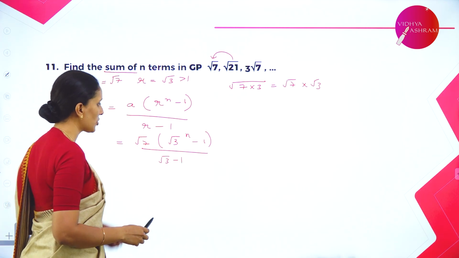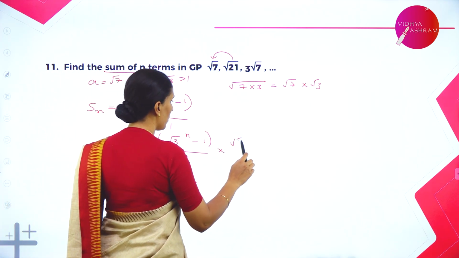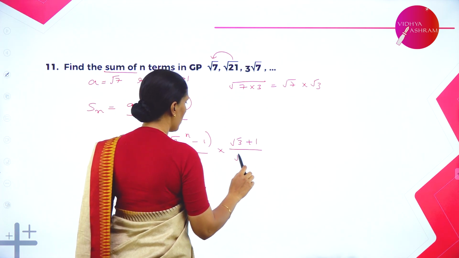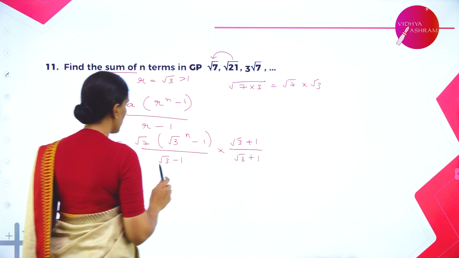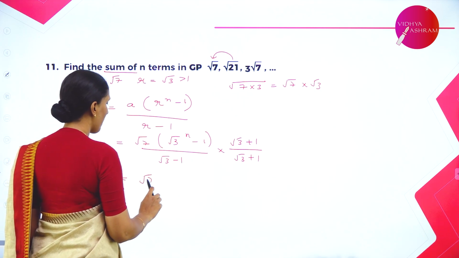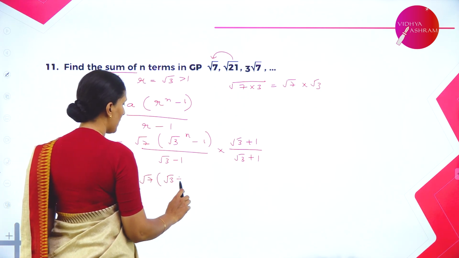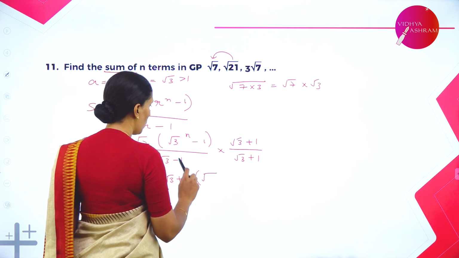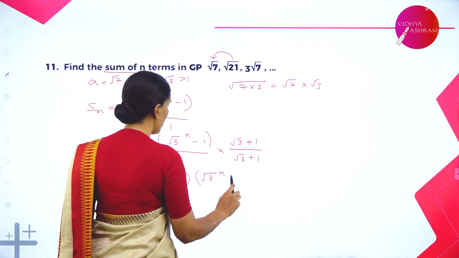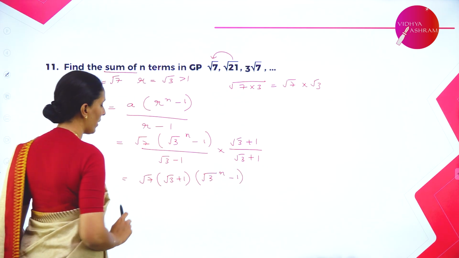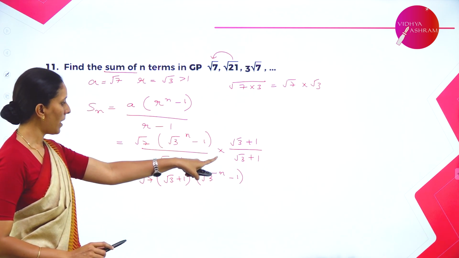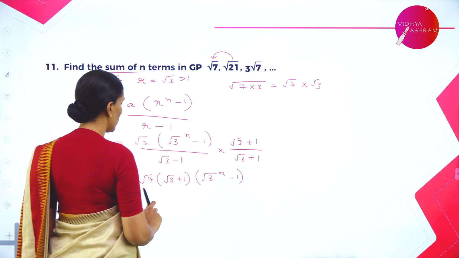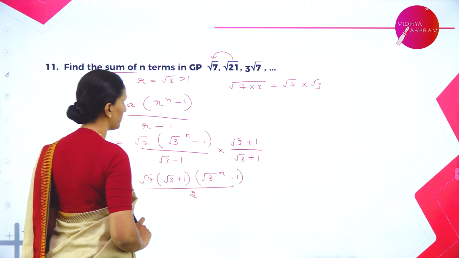So if we want to rationalize this, then we can multiply by root 3 plus 1 by root 3 plus 1. So here this is root 7 into (root 3 plus 1) into ((root 3) to the power n minus 1) whole divided by, so 3 minus 1 is 2. So this is divided by 2.